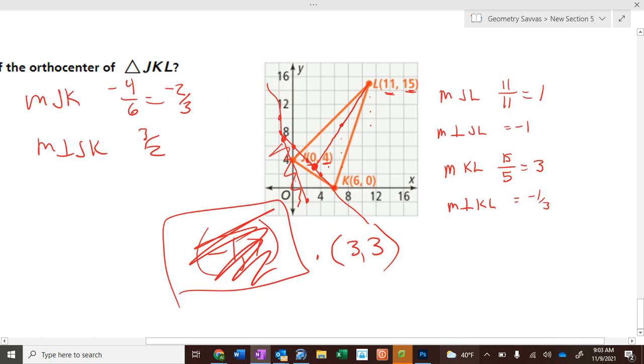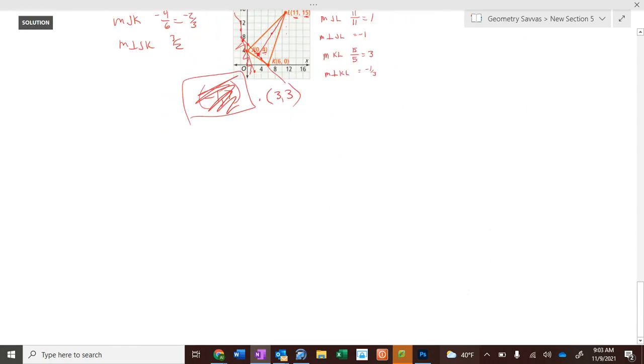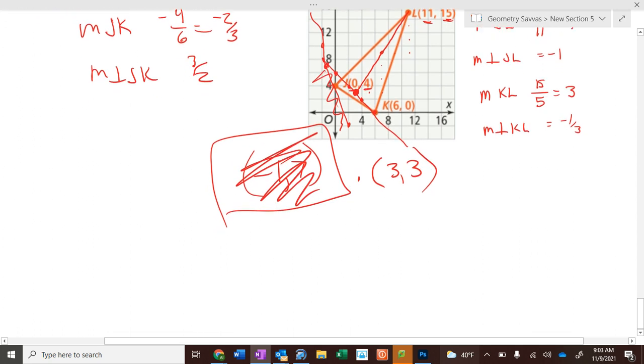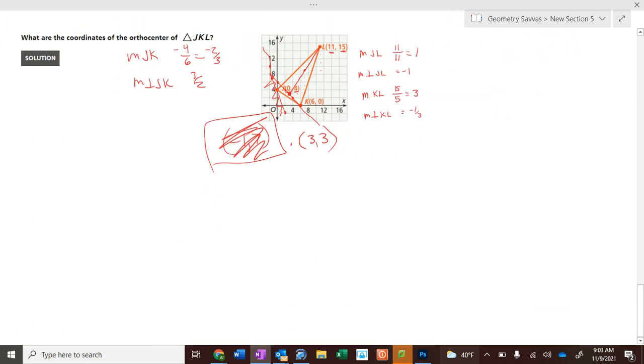So the slope of this one, we went up 15 to the right 5, which was 3, -1/3. Yeah, maybe the drawing was a little goofed up. All right, so you might need some graph paper, graph it out really good to figure out orthocenters.